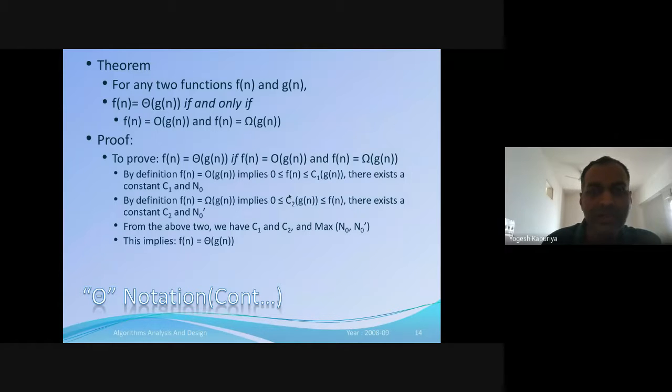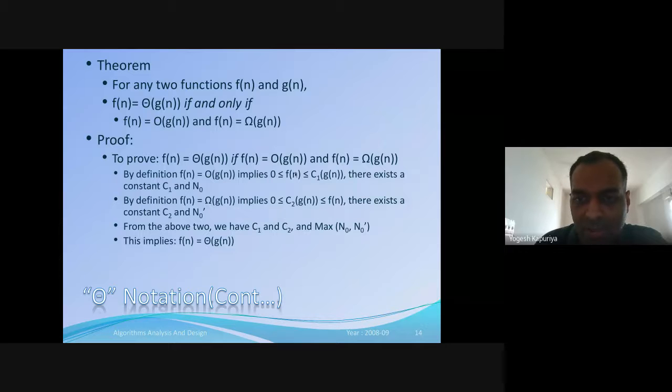So 0 is less than or equal to C2 into Gn is less than or equal to Fn. This is true for the two constants C2 and n0. Now, what the definition of theta says is that you have to simply find out where Fn is. So you combine these two equations.